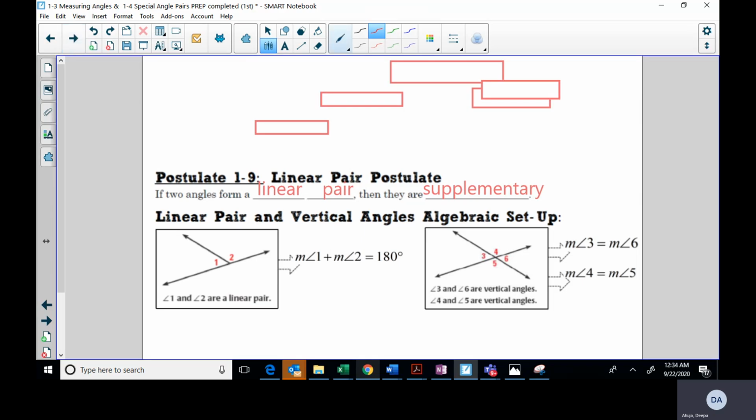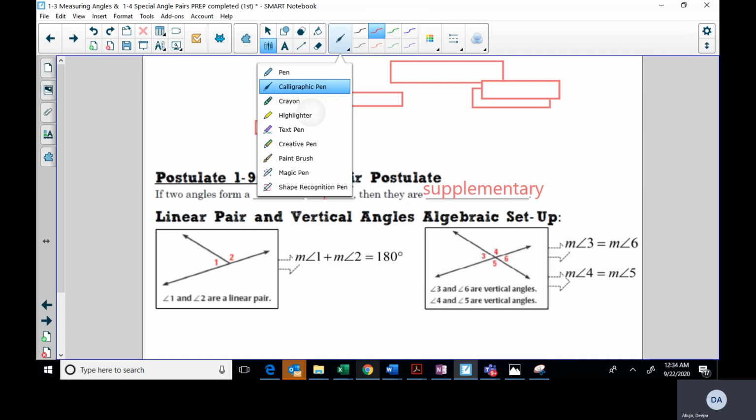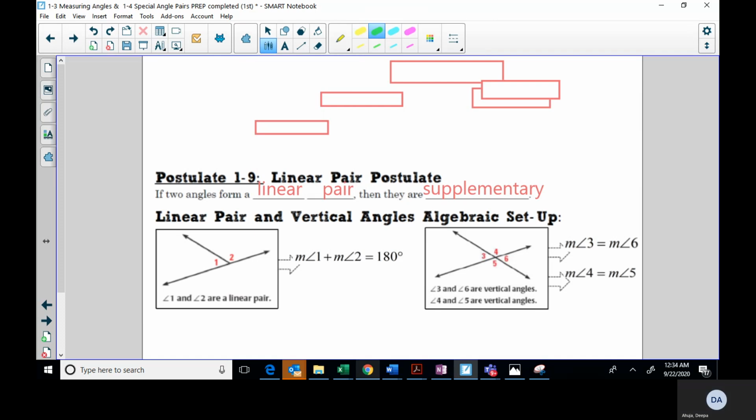Let's look at this angle 1 and angle 2. This is your angle 1. Here it is angle 2. They are forming a linear pair because we can see we have a baseline here. They are supplementary.